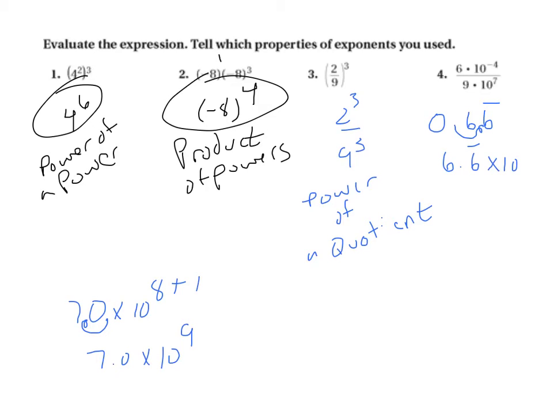What's negative 4 minus 7? Negative 11. And that is called quotient of powers. Okay? So there's just an example of a few of them. You guys will see more tomorrow, but these should be a review.